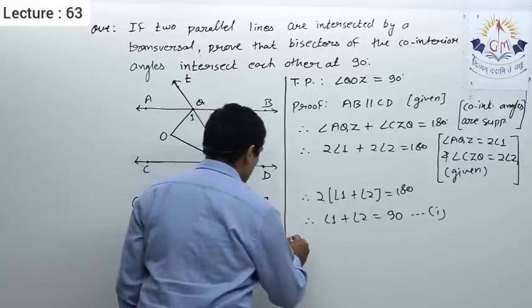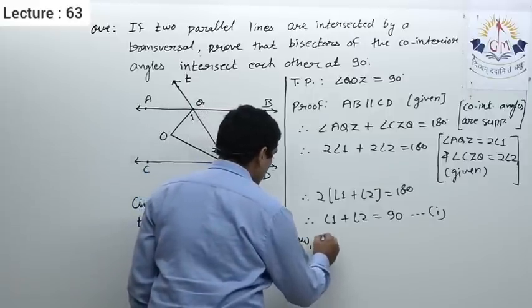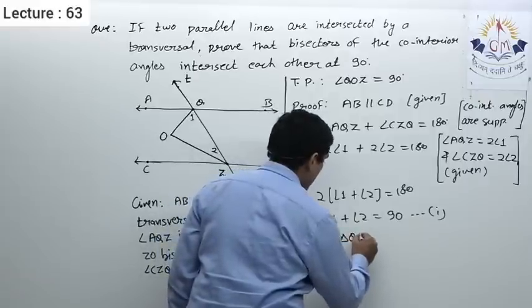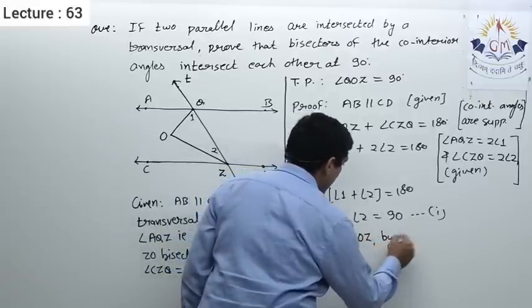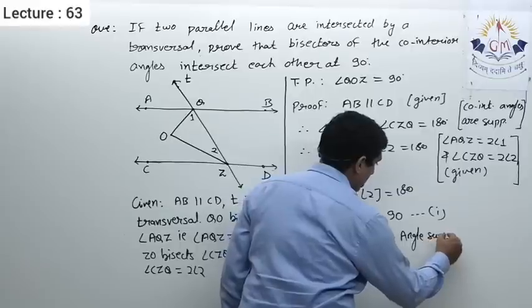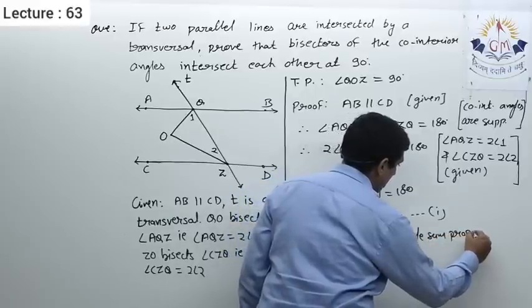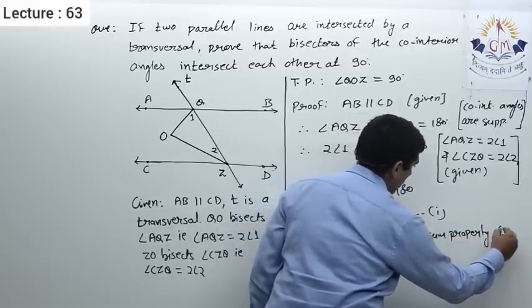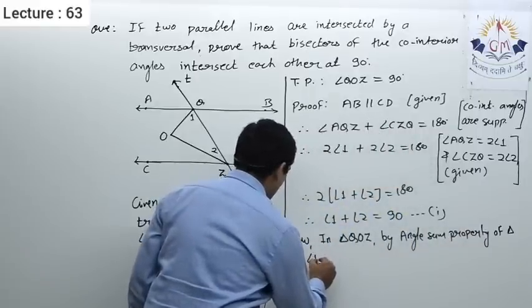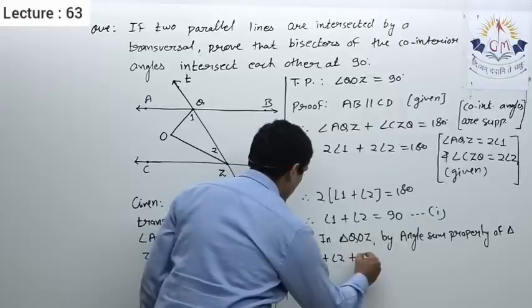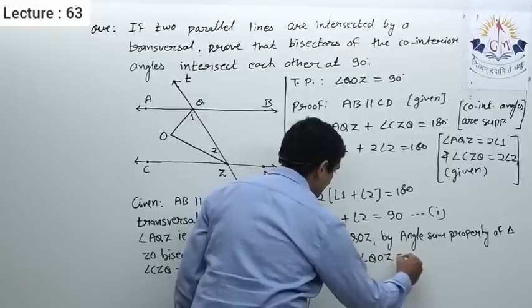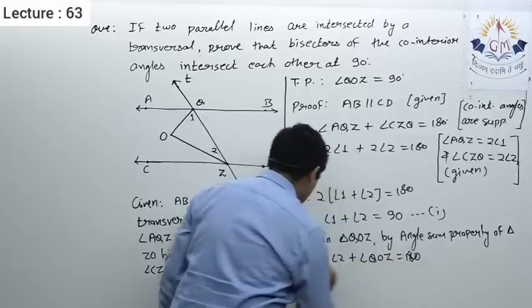So now in triangle QOZ, by angle sum property of triangle, angle 1 plus angle 2 plus angle QOZ is equal to 180.